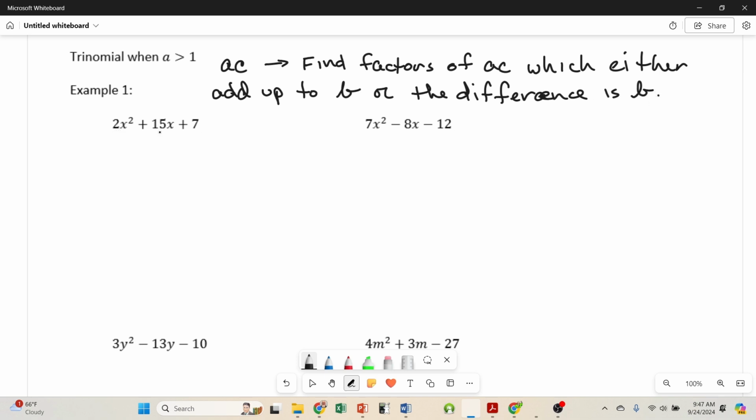So in this case, AC, 2 times 7 is 14. Factors of 14 that add up to 15.